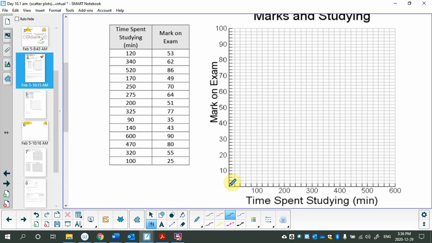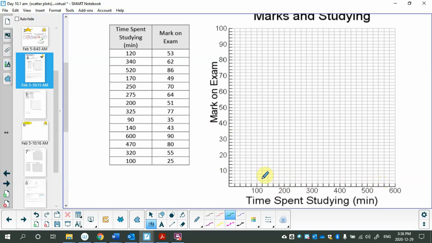So it started way down here at the corner, which is 0, and somebody picked a scale that lets us get to 100 with a reasonable amount of boxes. This one is not going up by 2, 4, 6, 8, 10. This one, if this is 100, has to be 20, 40, 60, 80, 100. 120, 140, 160, 180, 200, etc.